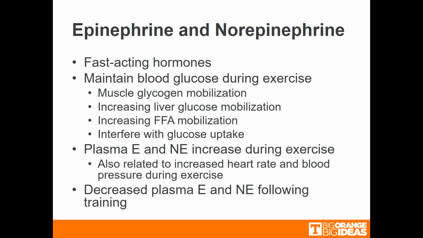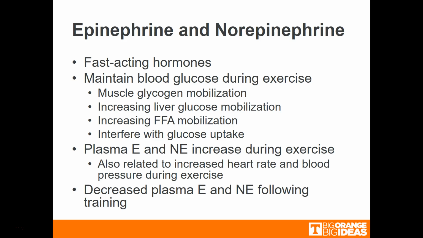To go along with what we talked about the last time with substrate utilization during exercise, the epinephrine and norepinephrine are also going to help maintain blood glucose during exercise, similar to what we saw with the growth hormone. And the way they do this is through mobilization of muscle glycogen. So the muscles are going to use their own glycogen in order to create ATP. You're going to have an increase in liver glucose mobilization.